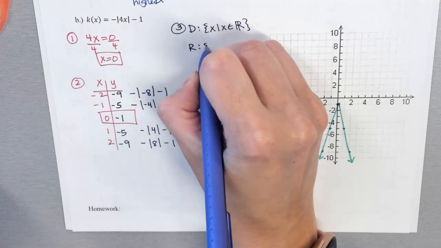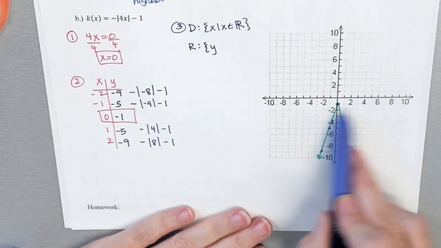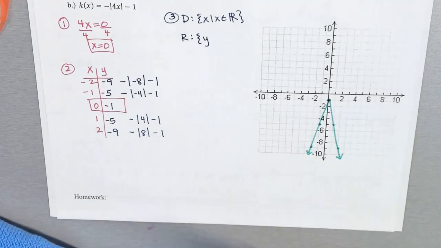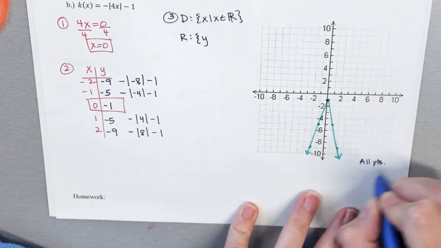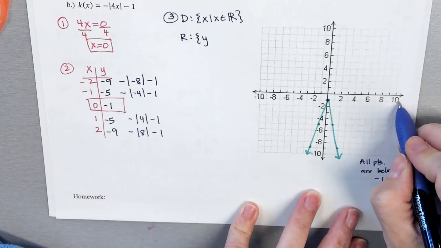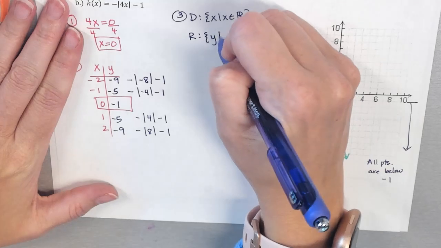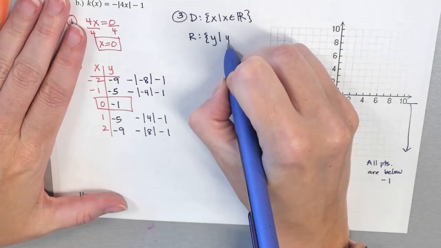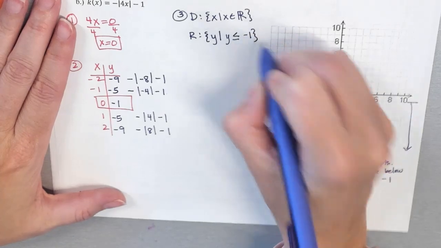Okay, and then your range, if you look at what's happening here, all of your y values are below what value? Yep, so all points are below -1. They're here and below. Okay, so that would be y such that y is less than or equal to -1.